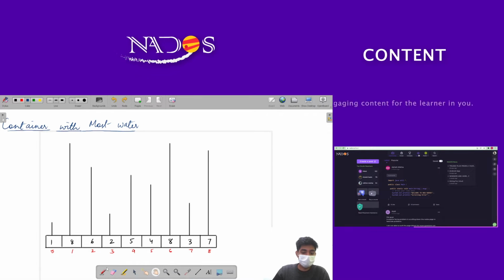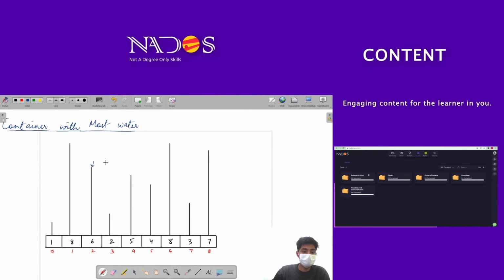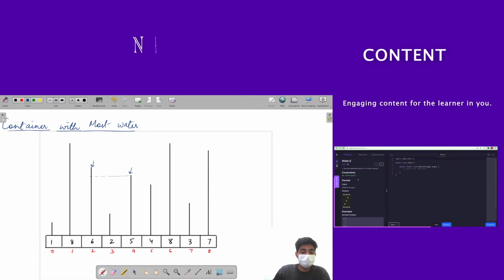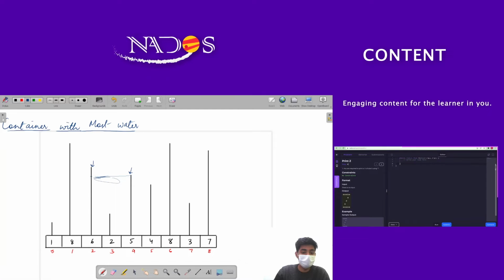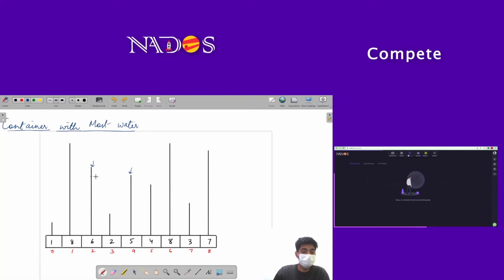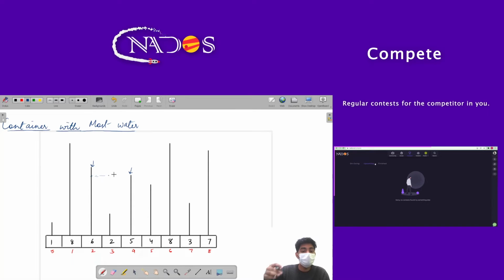Let's say I use this line and this line, 6 and 5. If I choose these two lines, then I can fill this container till here. This is going to be the maximum height of the container.